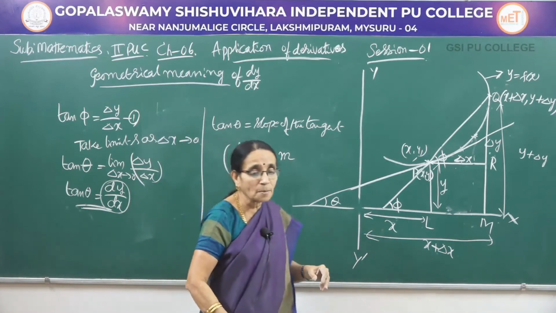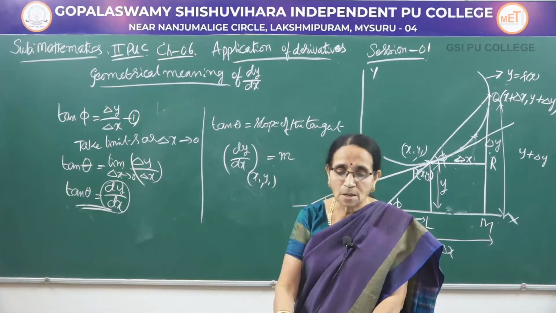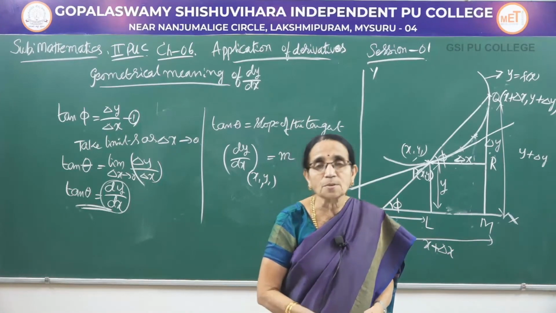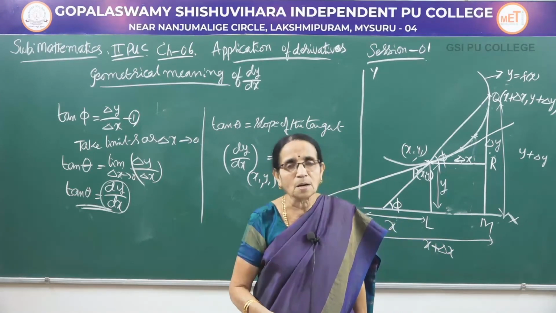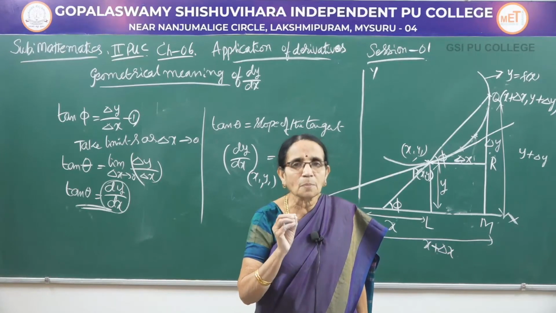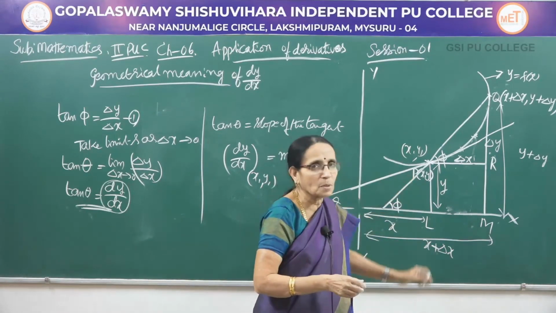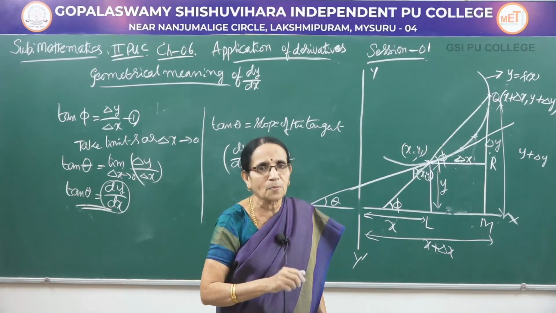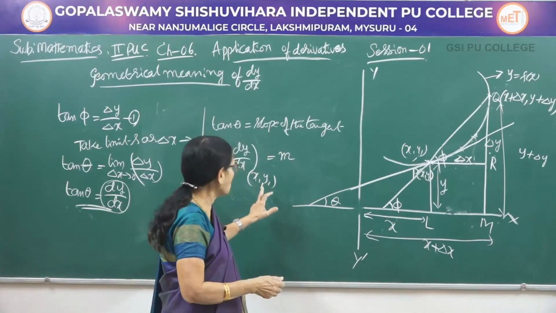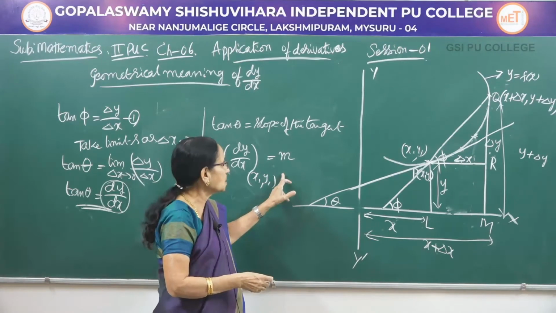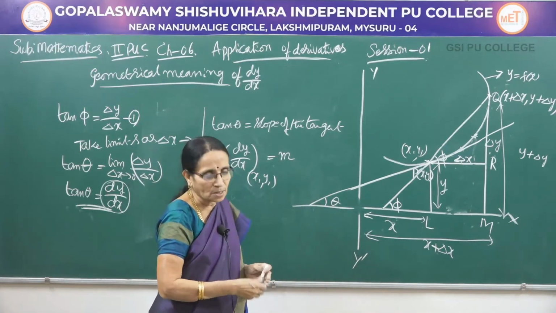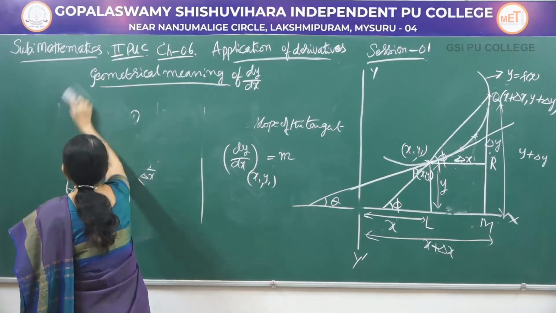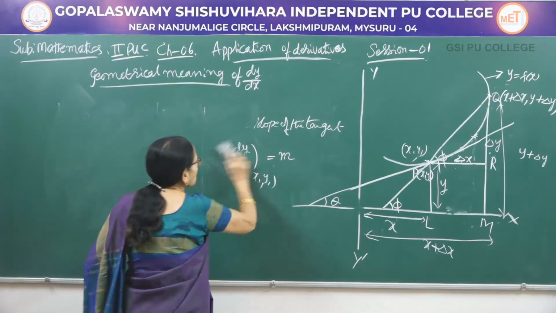So, geometrically, by considering the diagram, we have seen that if a tangent is drawn at a particular point x1 comma y1, then dy by dx at x1 comma y1 gives us the slope of the tangent.